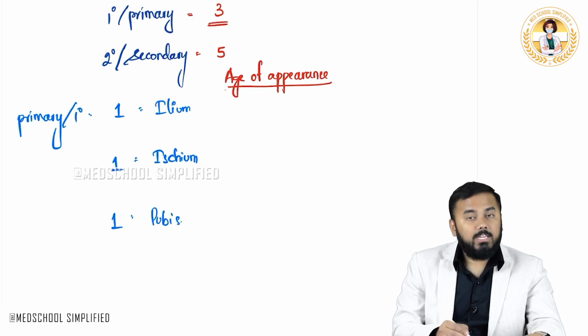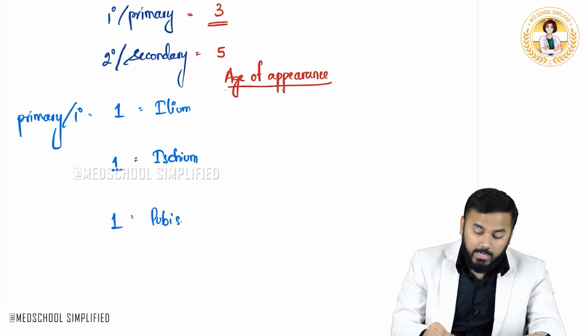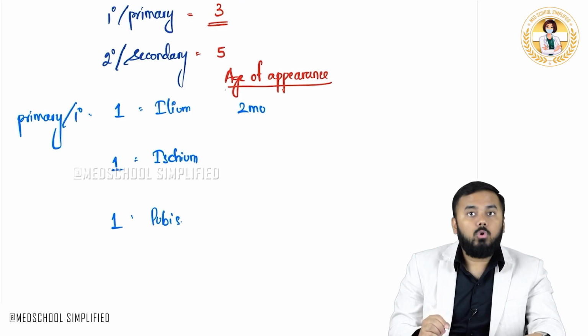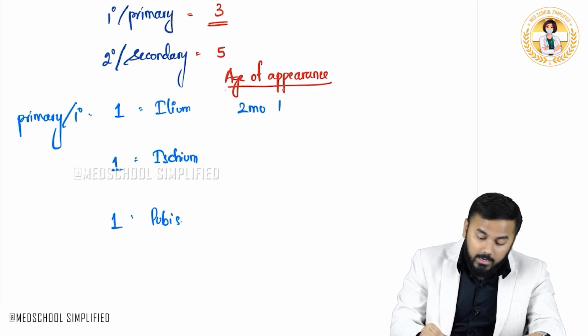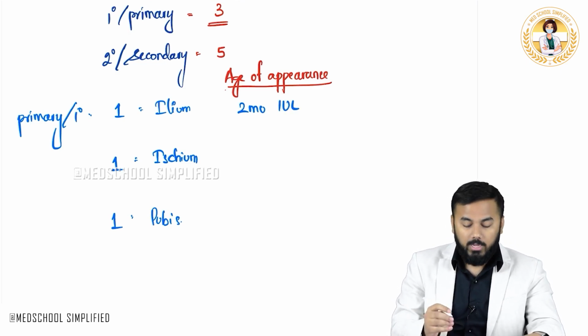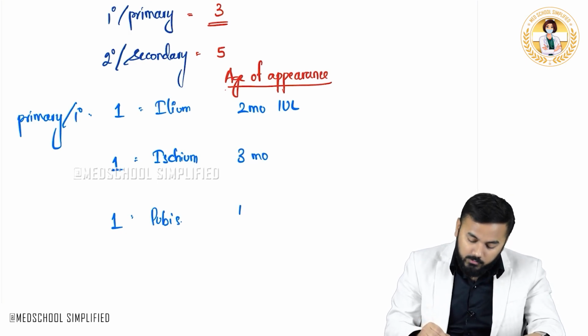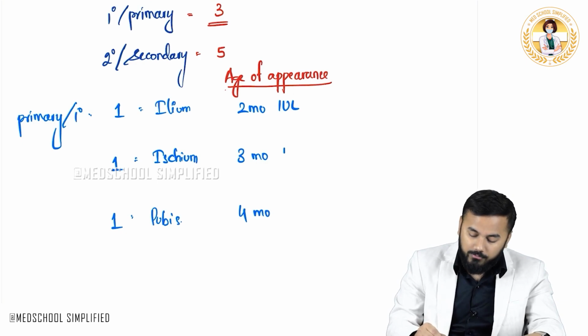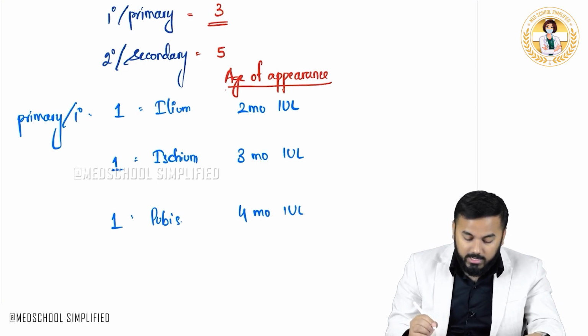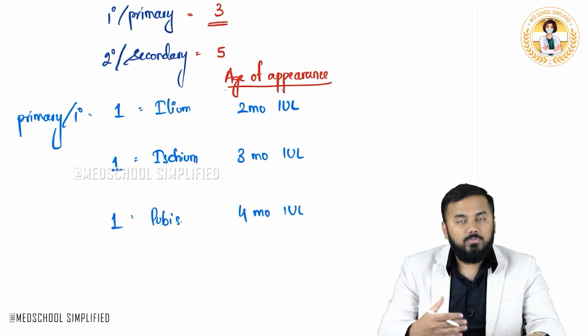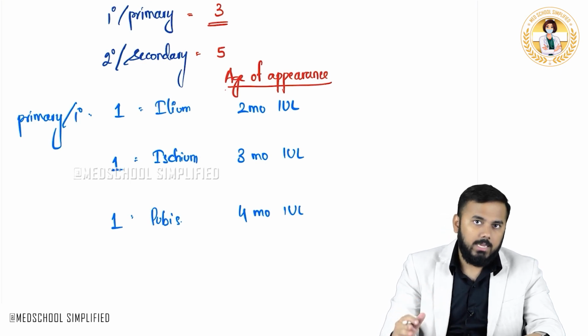The primary ossification center in the ilium appeared at 2 months of intrauterine life. After 2, 3 months. After 3, the next number is 4 months. So 2, 3, 4 months of intrauterine life. During that time, these primary ossification centers appeared.